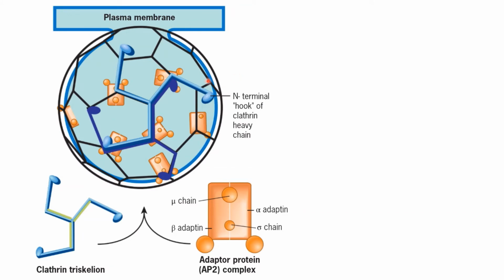So this is how it would look like. So this is the drawing. So you can see here the coated pit and the clathrin proteins, this scallion-shaped coating that surrounds the vesicle.